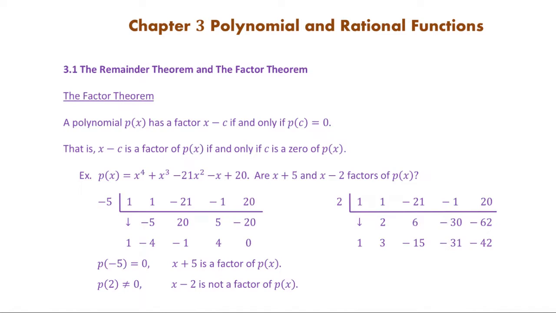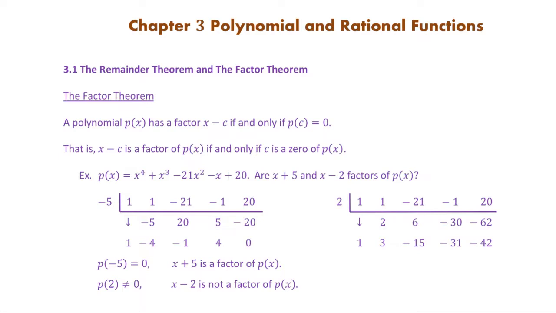So let's just use the factor theorem and do a couple of examples. Here we have a polynomial p equals x to the fourth plus x cubed minus 21x squared minus x plus 20. And we want to know whether x plus 5 and x minus 2 are factors of p of x.